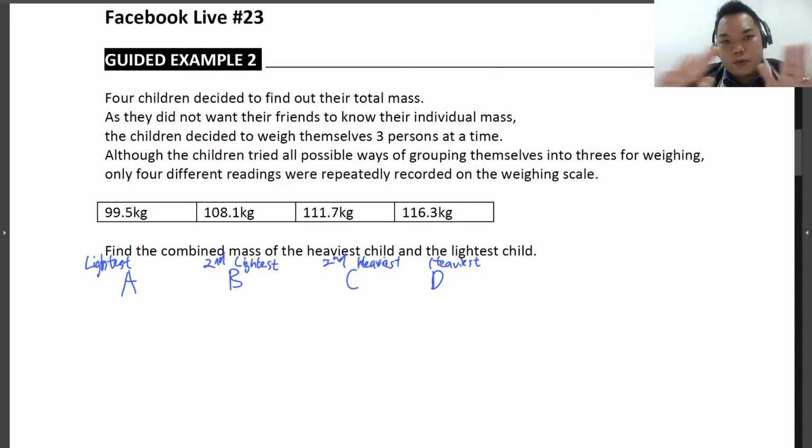Okay, how do you think 99.5 kg is obtained? Is it like the average of 3 kids? No, this is the total amount of 3 kids.